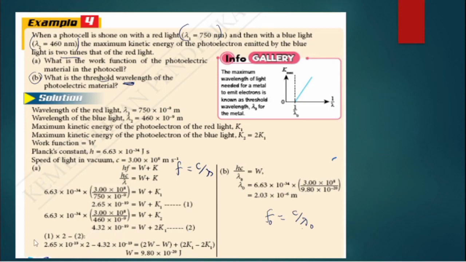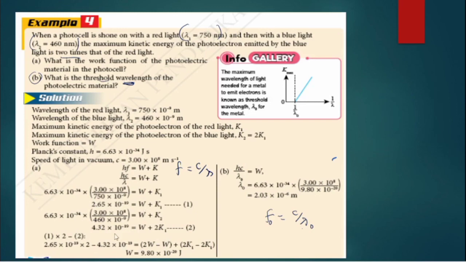What we do is K2 equals 2K1, just substitute. And then some mathematical operation: equation 1 multiplied by 2, minus equation 2.